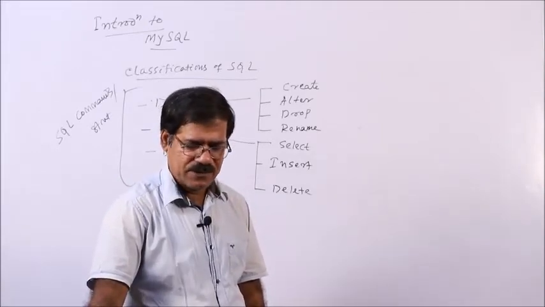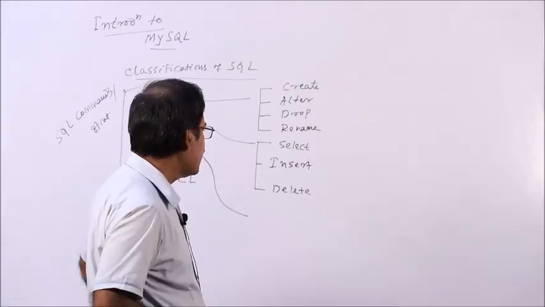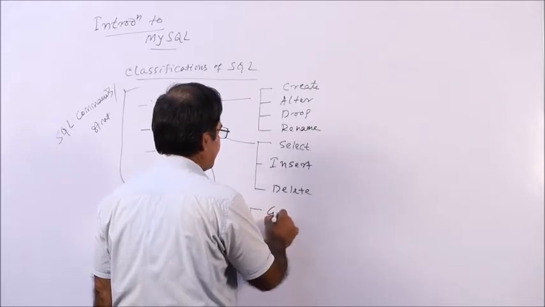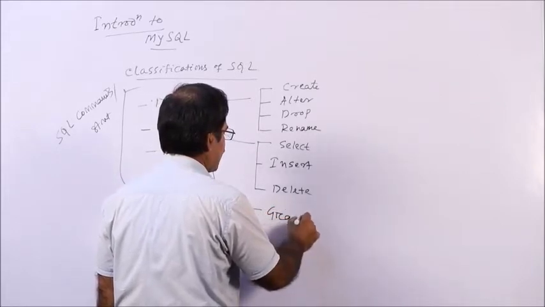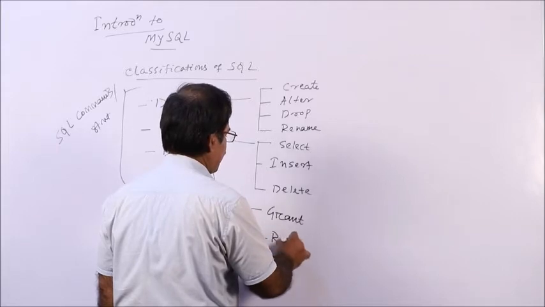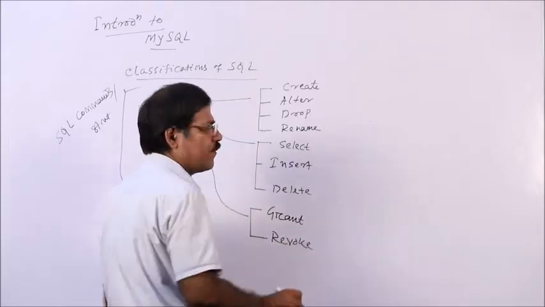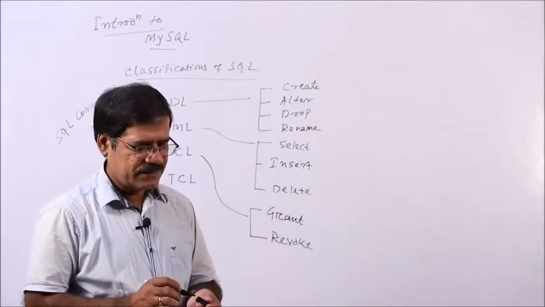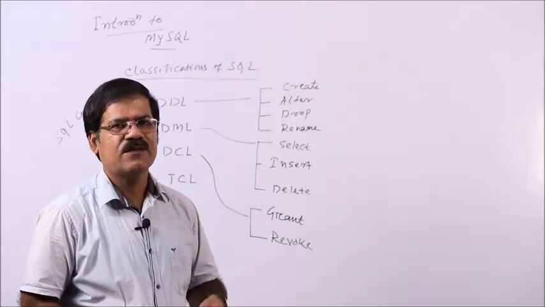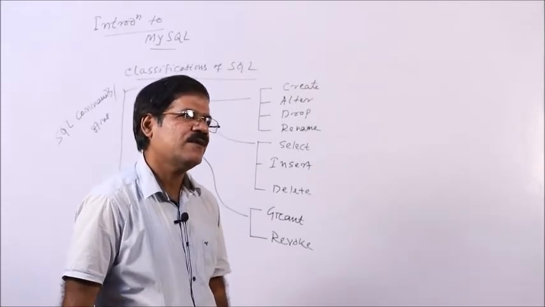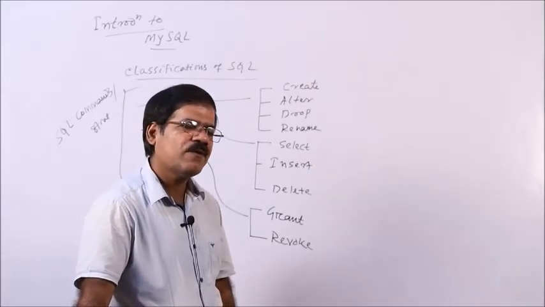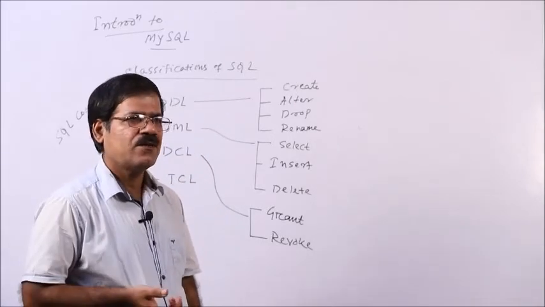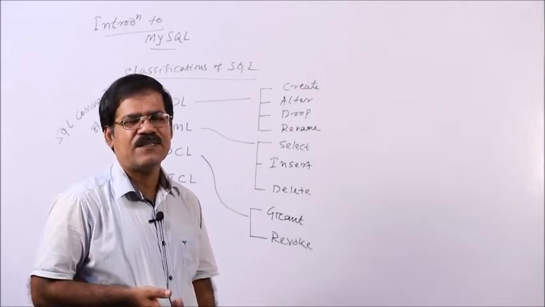Grant and revoke are two important commands used here. Grant means providing permission to different users, deciding which part of the database will be used by which user. Who provides the permission? The super user, called the database administrator.